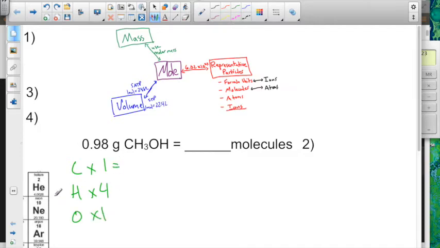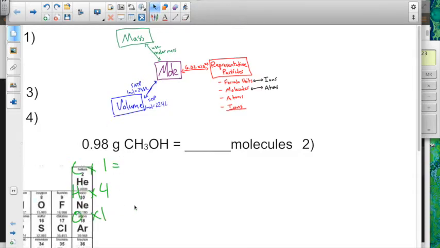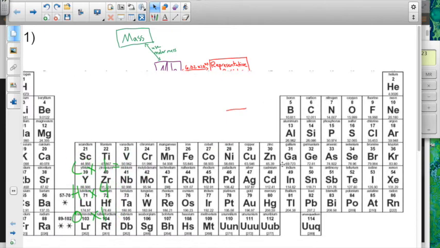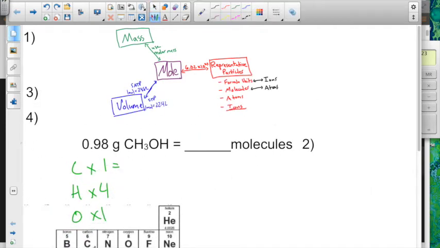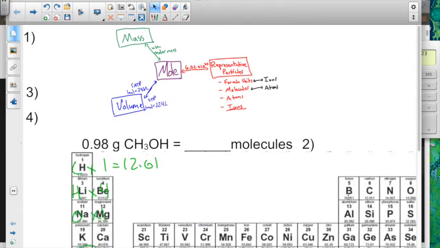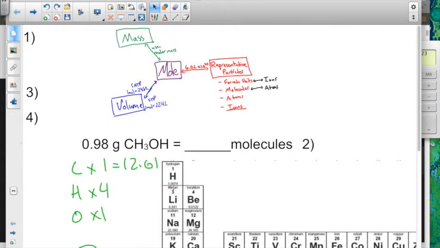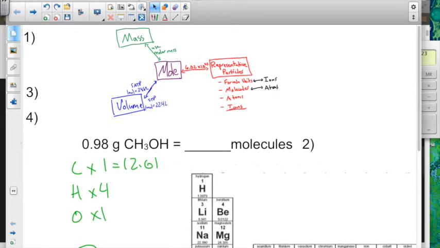So let's put some values in here. How do we know what we have for our values? Well, we use our periodic table. Carbon has a mass of 12.01, so we pencil in 12.01 here. Hydrogen, we know that has a mass of 1.01 on your periodic table, but it's too many decimal places on mine, so I'm just going to keep it to 1.01.